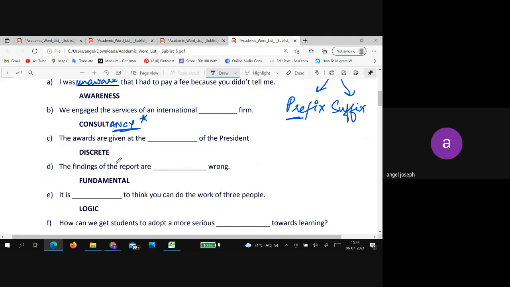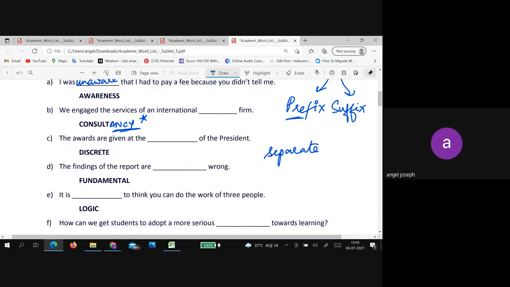Discrete actually means something that is distinct, something that is, you know, let's say put apart or separated. Take it as separate. Okay, discrete means separate.